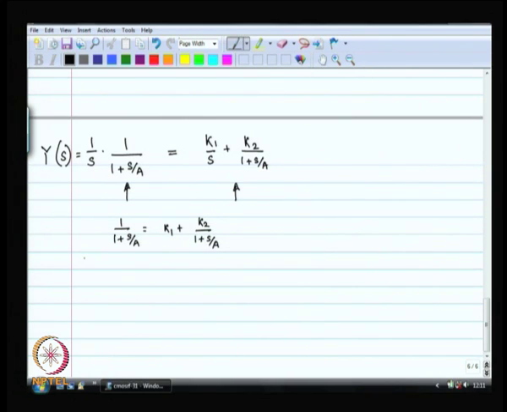Okay. Now, if I plug in s equal to 0, then I have got K1 plus K2 is equal to 1.